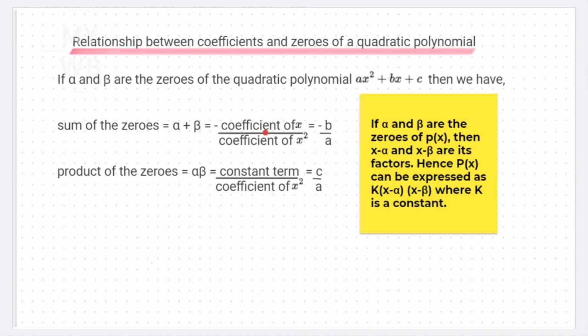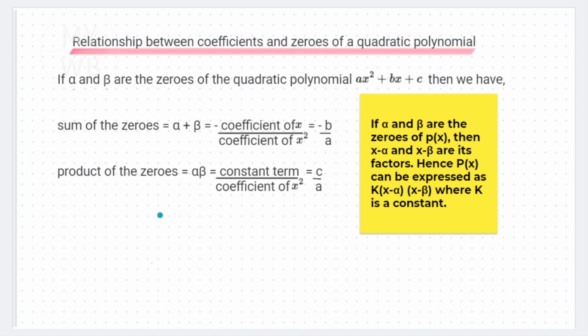Now let's see the relationship between the coefficients a, b, c and the zeros of a quadratic polynomial. If we denote the zeros of the quadratic polynomial as alpha and beta, then the sum of the zeros, that is alpha plus beta, is given as minus b by a, where b is the coefficient of x and a is the coefficient of x square.